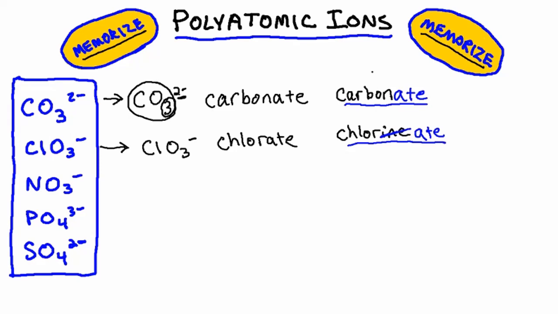Now likewise, for the third one, the main element that's paired with the oxygen is nitrogen. Nitrogen paired with 3 atoms of oxygen, we can take off the ending of the word nitrogen and put -ate. So you end up getting nitrate.